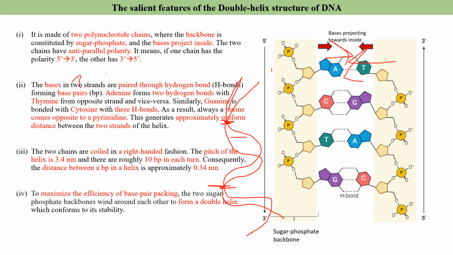And the distance between base pairs in the helix is 0.34 nanometers. See, you can automatically calculate the number of base pairs in each turn: this pitch has a distance of 3.4 nanometer, while the distance between each base pair is 0.34 nanometer. So it can be calculated up to 10.